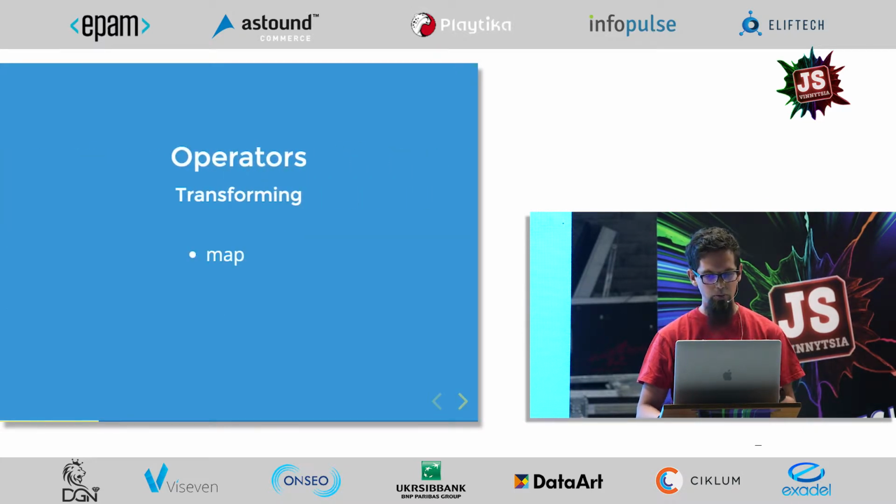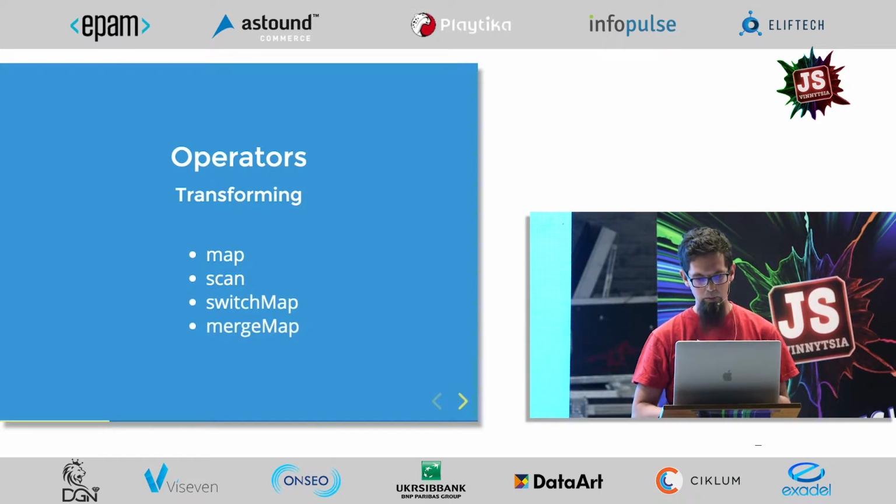Then you can transform your data with map. Map is basically what an array has built in. You can scan, which is similar to reduce on an array, and switchMap and mergeMap are higher order transforming operators, which I covered in one of my previous talks. So if you are interested, I invite you to Google it.